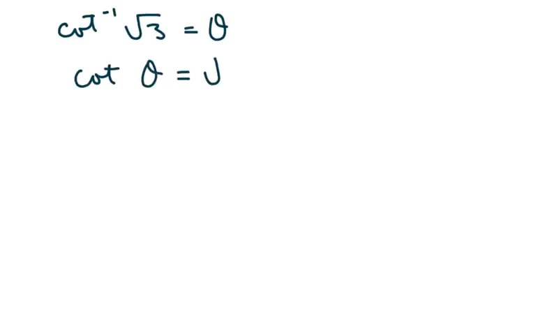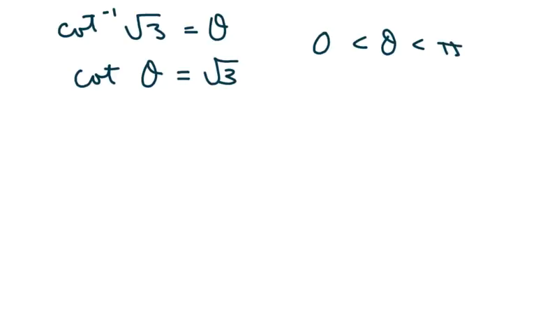So the first problem we have is the inverse cotan of square root of 3. Now if you set this to theta, just like we did, we're going to have cotan of theta equals square root of 3. However, my restrictions for this are between 0 and pi.